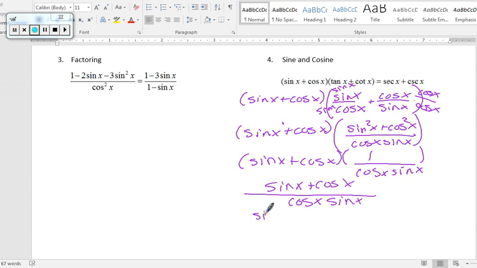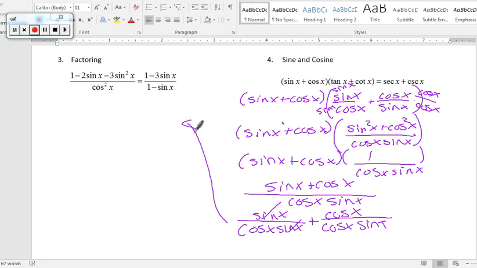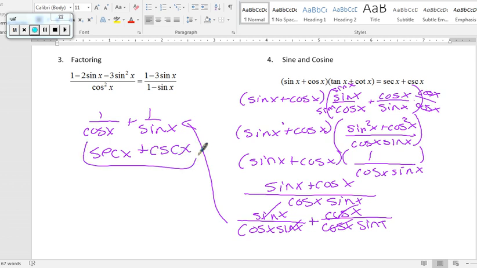So that's going to get me sine x over cosine x sine x plus cosine x over cosine x sine x. The sines will cancel here, leaving us with 1 over cosine x. The cosines will cancel here, leaving us with 1 over sine x. 1 over cosine is secant x, 1 over sine is cosecant x, and we have proven our identity there.